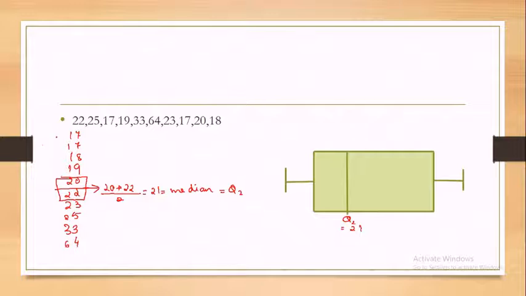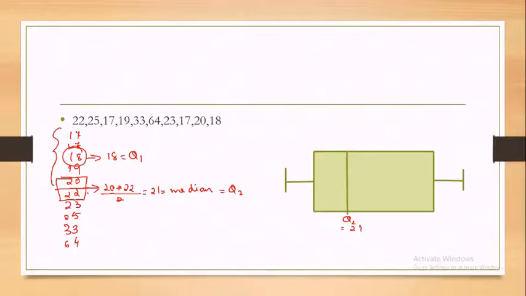Now you have to find out Q1 from the data set, which is the first 25%. And how will you get that? You take the middle value again, 18, by the observation method. What about Q3?